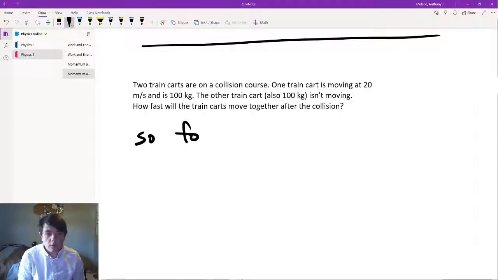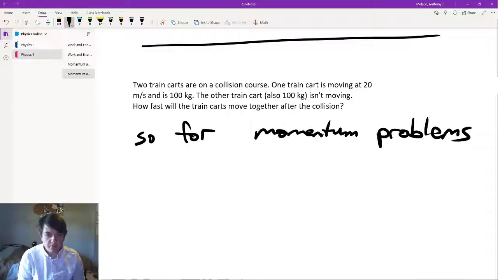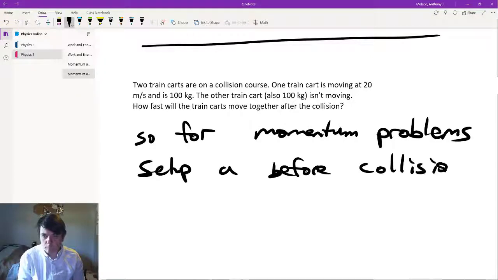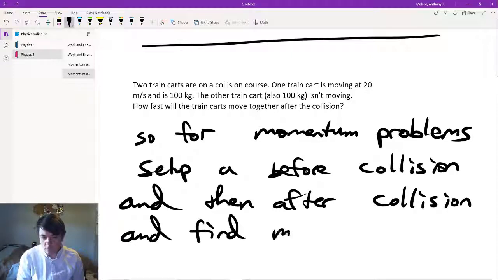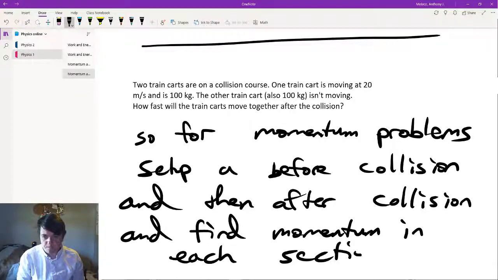So for momentum problems, set up a before collision and then after collision, and find momentum in each section.